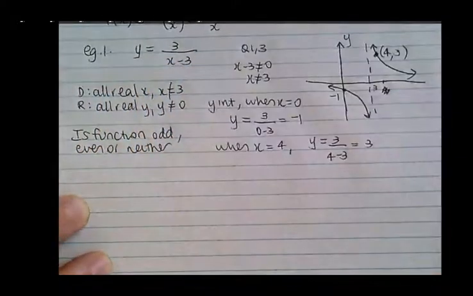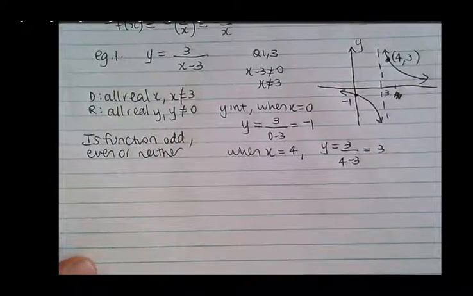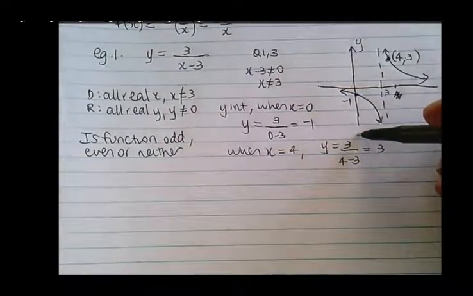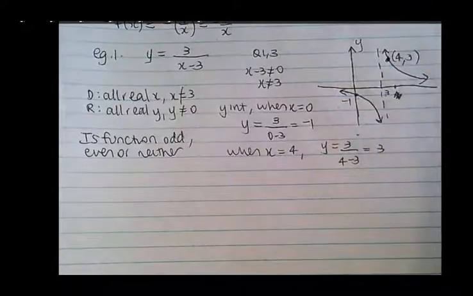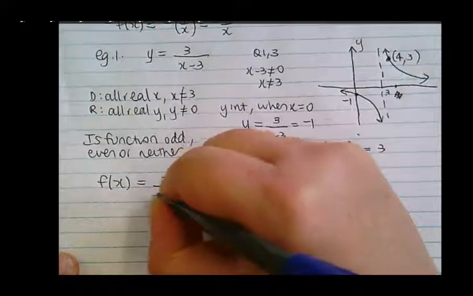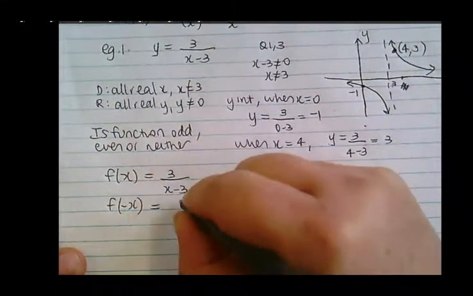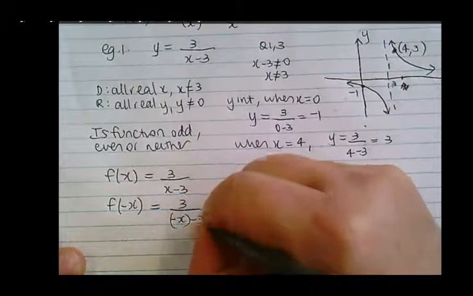Let's have a look. I can tell by the sketch that it's neither. But let's do it algebraically. Can you see that it's not symmetrical about the x-axis when you look at the function? And it doesn't have point symmetry because it's been shifted. So let's have a look. Function of x is 3 over x minus 3. Function of negative x is 3 over negative x minus 3.